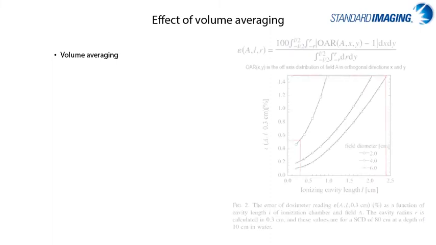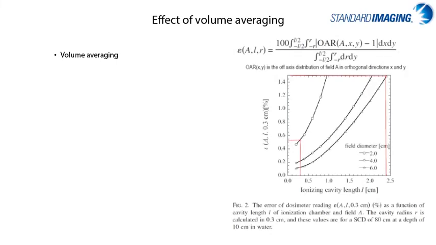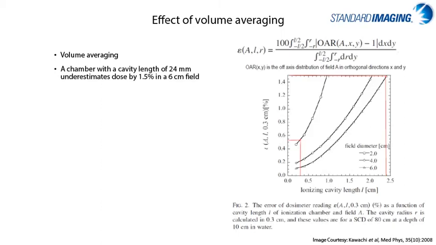As an example, looking at this graph on the right from Kawachi and others, they looked at determining the off-axis ratios in a CyberKnife system for which the dose plateau region is very limited, and an approximate 1.5% error in readings can exist if a 24 mm length chamber was utilized in a 6 cm field. And further, a 0.5% underestimation in readings is observed when using a chamber with a cavity length of 3 mm in a 2 cm field, according to this study.